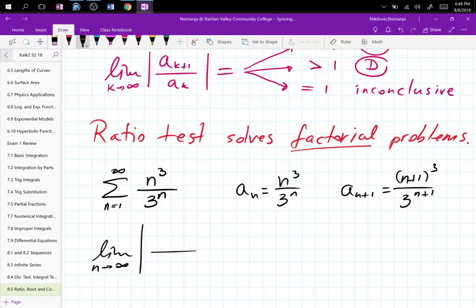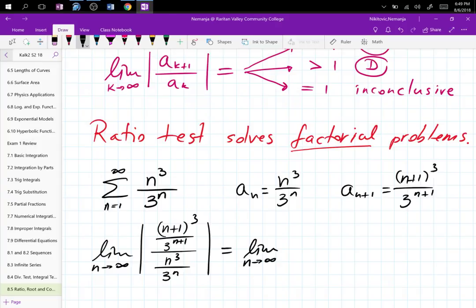You have a_(n+1), which is (n+1) cubed divided by 3 to the n+1, divided by the original n cubed over 3 to the n. You have double fractions, so deal with that. The limit as n goes to infinity of the absolute value of (n+1) cubed divided by 3 to the n+1, divided by n cubed over 3 to the n.